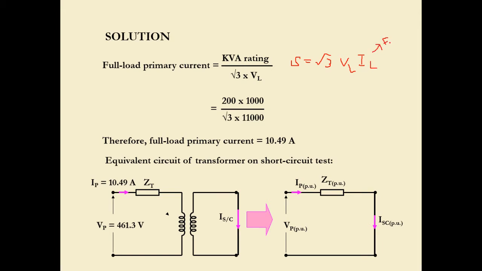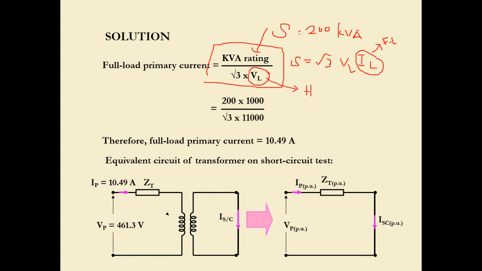So for the full load primary current, we rearrange the equation into this and substitute the value of S, which is 200 kVA. This we can see from the previous slide. This is from high tension.